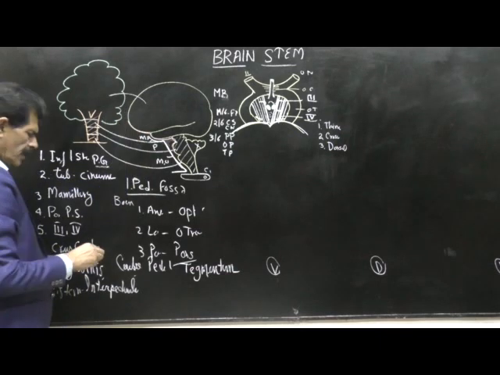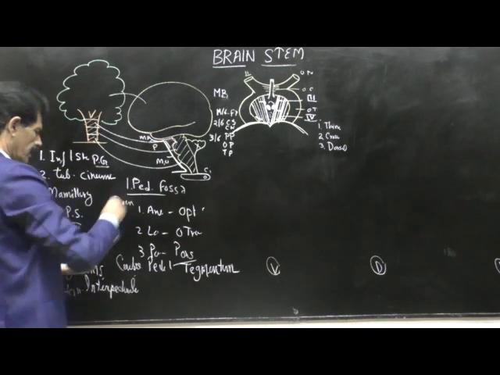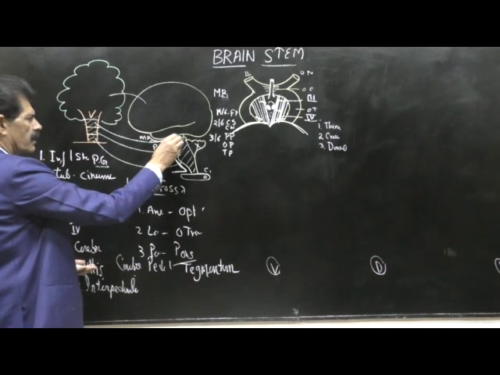Cisterns are CSF filled cushion structures as they lie in the subarachnoid space. A large amount of the CSF is collected in front of the midbrain.